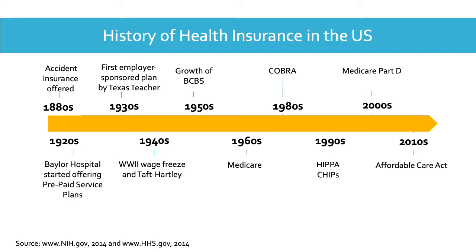Then something really interesting started to happen. You had two things that come together. One is in the 1920s, this hospital in Dallas, Texas called Baylor Hospital did something revolutionary. Now they had empty beds and they were trying to figure out how they could fill their beds and how they could make money and stay in business. And they came up with this idea of prepaid service plans.